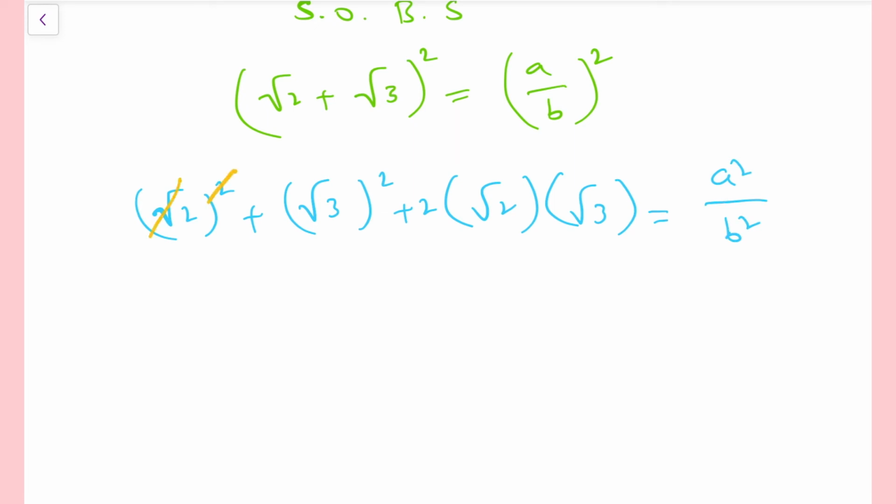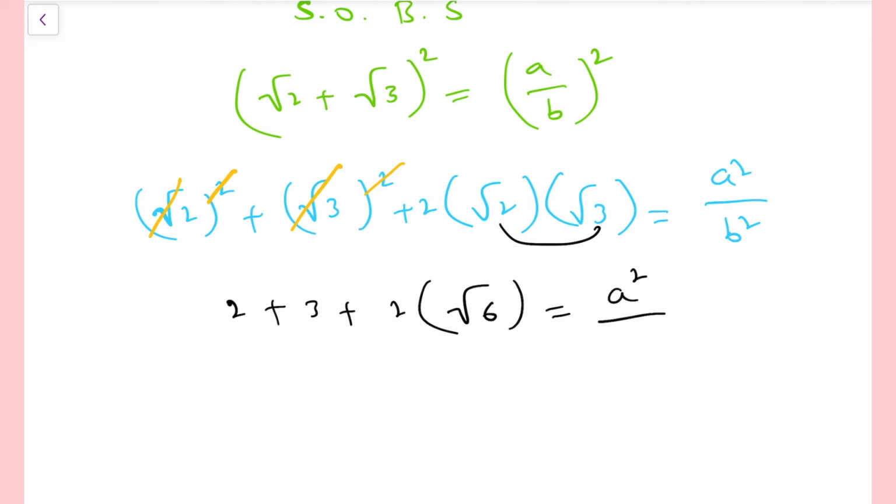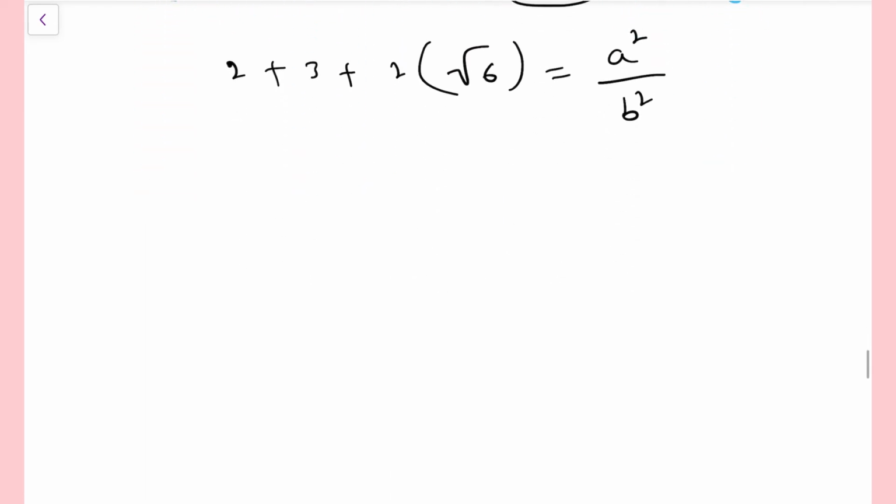Square and root cancel, so we remain with 2 plus 3 plus 2 into root 6 equals a square by b square. 2 plus 3 is 5, plus 2 root 6 equals a square by b square.